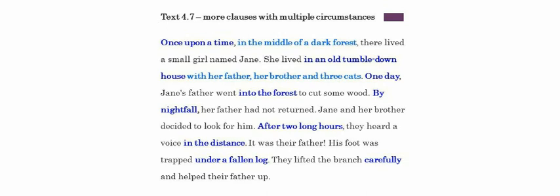Well, it's sort of more like how long for, right? After how long? In the distance, where? Under a fallen log, where? Carefully, how? So all of these circumstances are really important to teach your students when they're learning to write, because they give us so much more valuable information about what's going on.